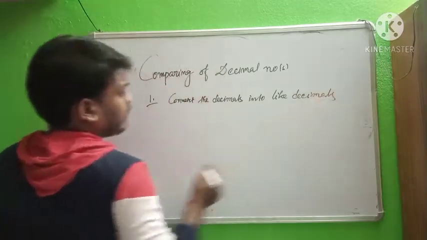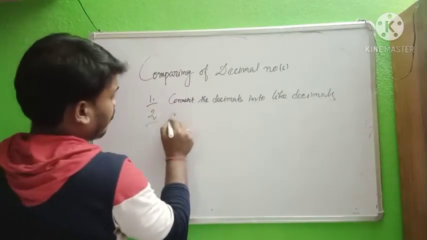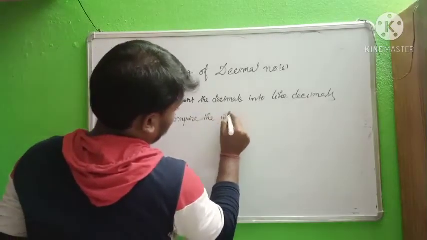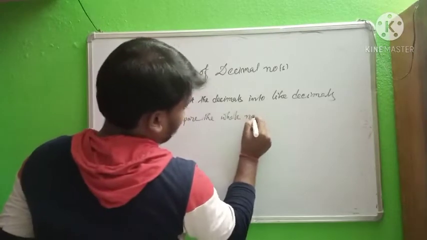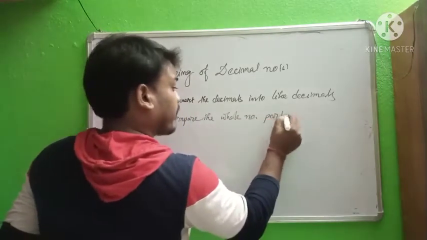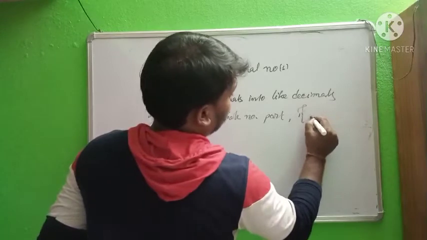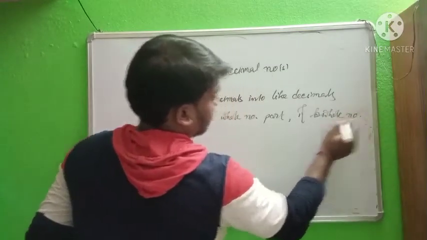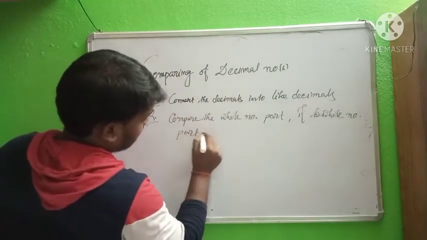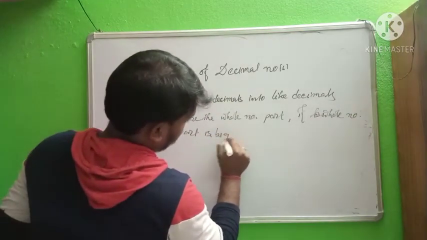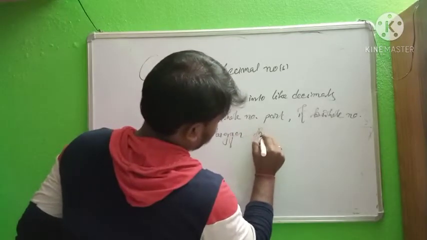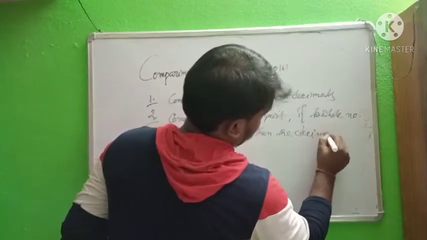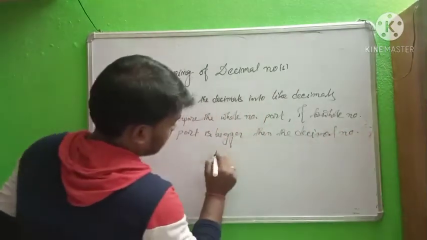Second step, compare the whole number part. If the whole number part is bigger, then the decimal number is bigger.